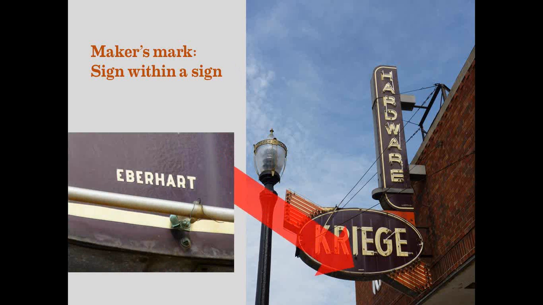In the Kriege hardware example, we know that the Eberhard company made that sign. In fact, there is another one below the hardware, but I didn't get a close-up photograph of that. So it actually looks like there were at least two companies responsible for manufacturing this particular sign, and we wouldn't know that without these very small markers.